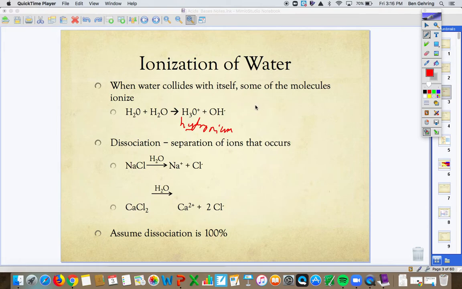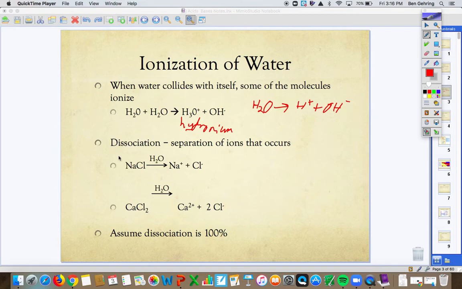If we just had one water molecule, it would split into just a hydrogen ion and a hydroxide ion. So hydronium and hydrogen are not the same thing, but they function the same way. I use those terms interchangeably, just as far as what we use for calculations. Though hydronium is H3O+, hydrogen is just obviously H+. This is ionization.